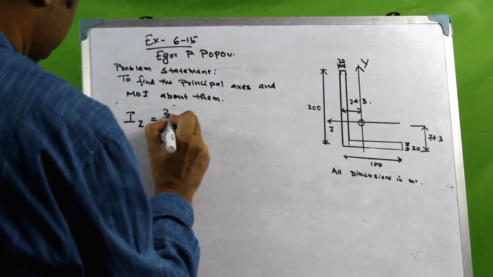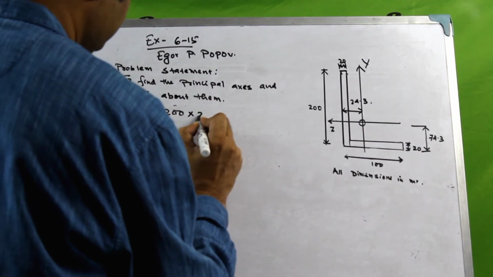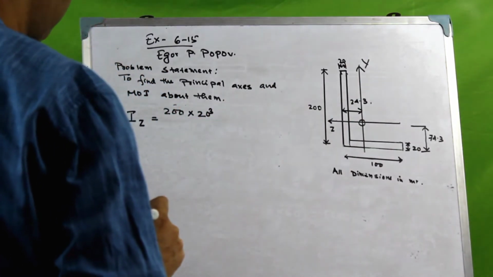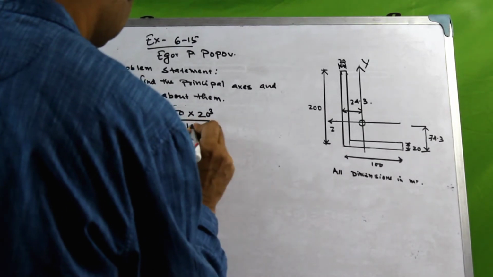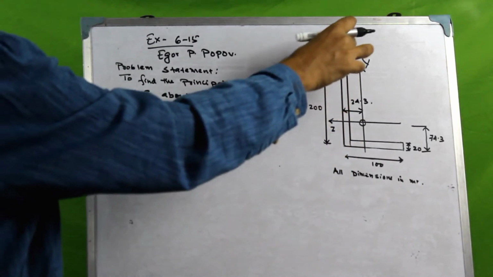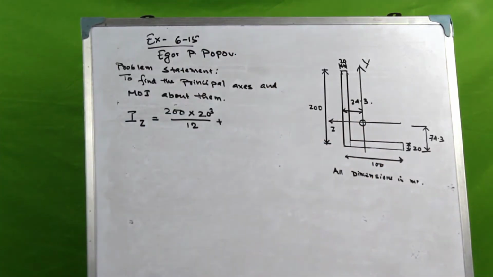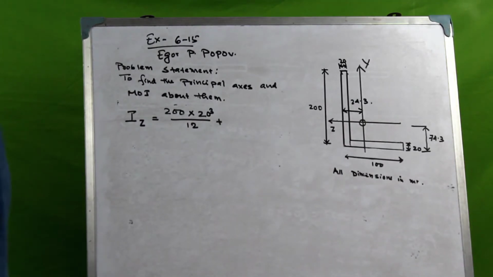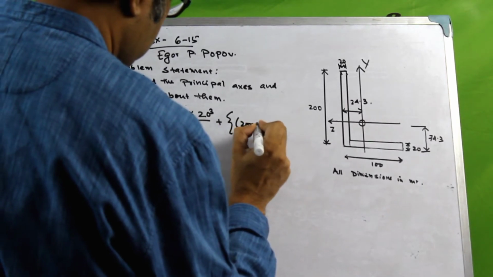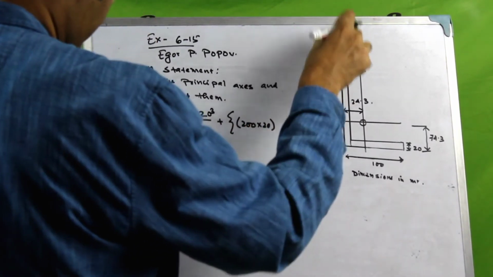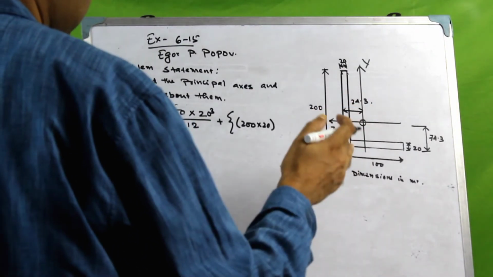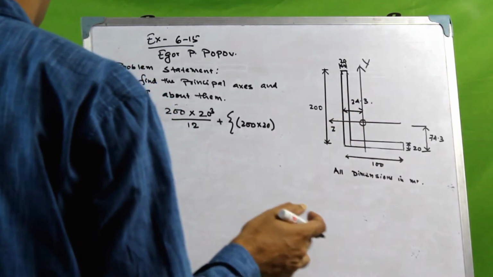Using the parallel axis theorem, for this element, this is the moment of inertia of this stem about its own centroidal axis, and add that to the product of the area of this element into the square of the distance from the CG. What is the distance from the CG?